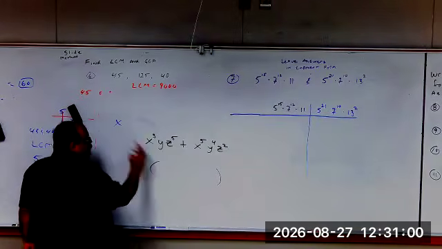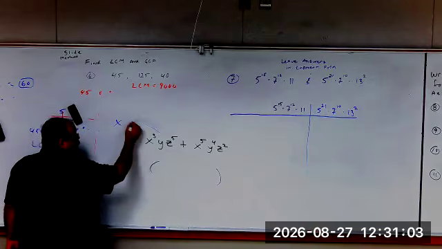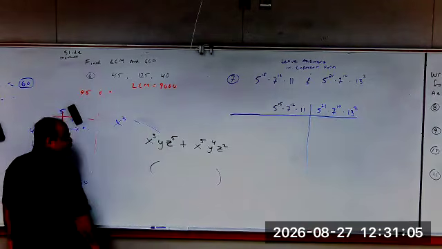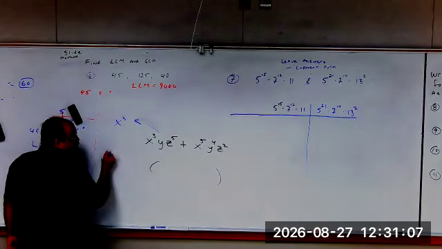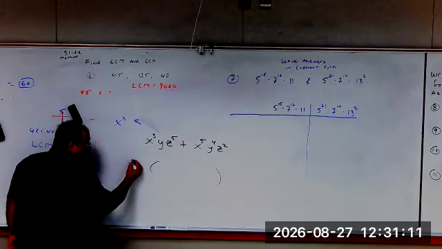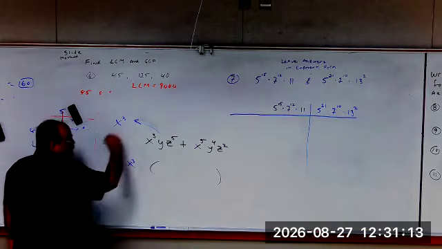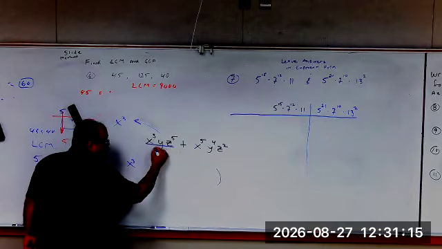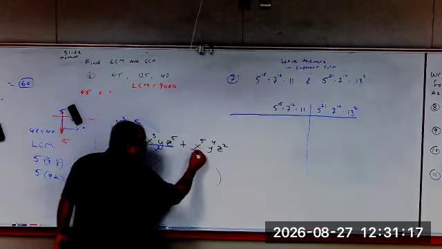So it's reversing distribution. We factor out that x to the third. When I factor something out, since I'm reversing distribution, distribution means you're going to multiply it in. So when you factor it out, you're dividing the x to the third out.